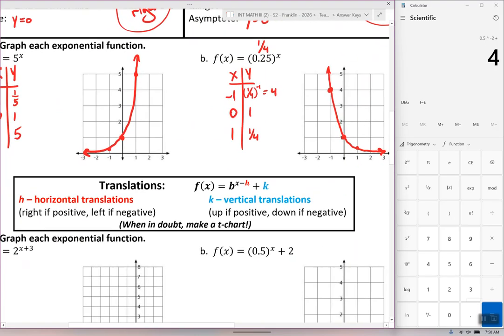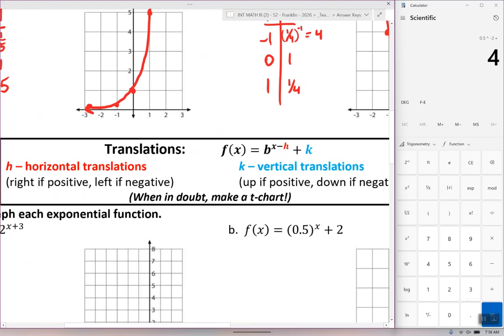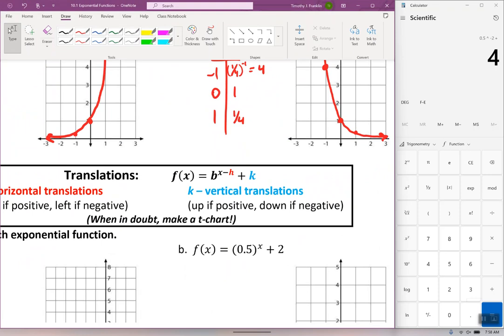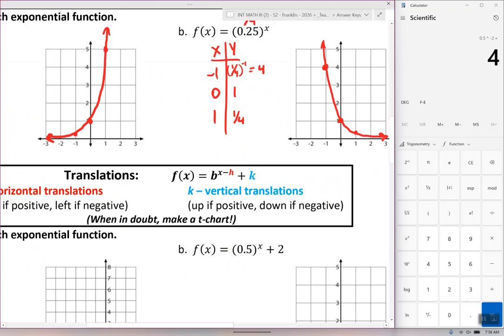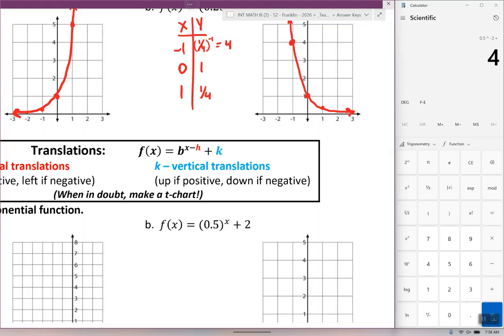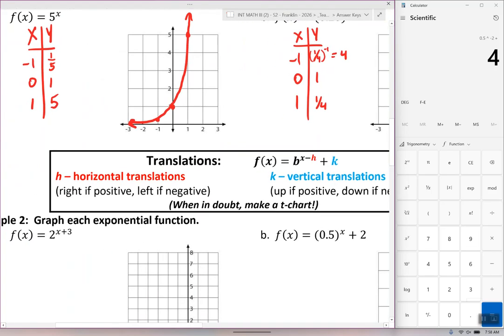Now we can also translate these graphs a little bit. So if we change our equation a little bit, if we add or subtract numbers in the exponent, or add or subtract numbers afterwards, that can have an effect on the shape of the graph.